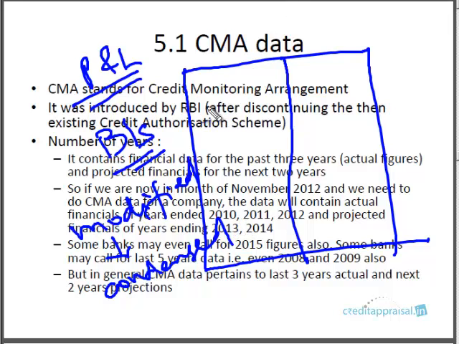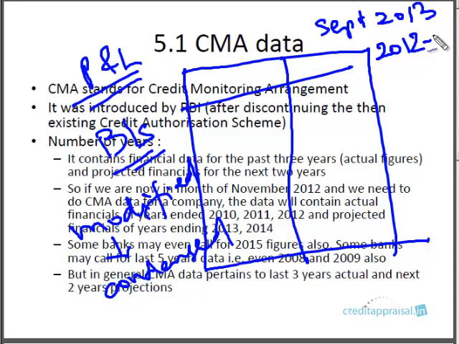So in the CMA format, you actually have data for the past 3 years. For example, we are now in September 2013. So what the CMA data actually contains is the data for the last 3 years, right? Since the last available completed year is 2012-13, that means we have audited financials for the year ending 31 March 2013.